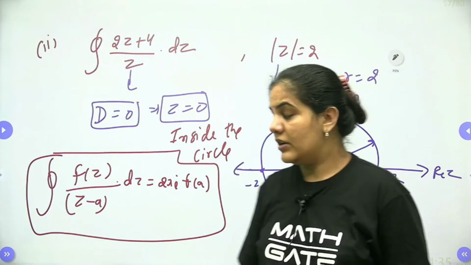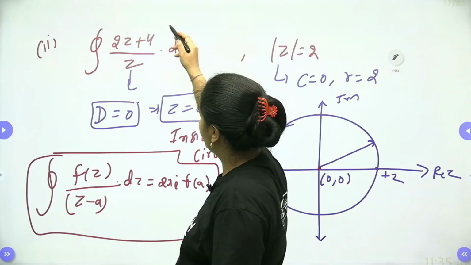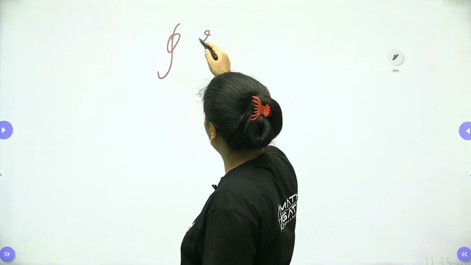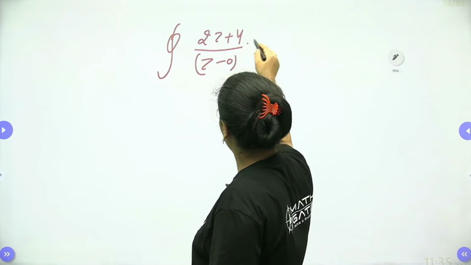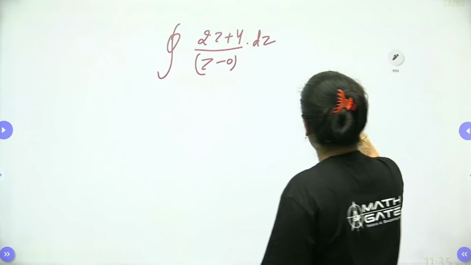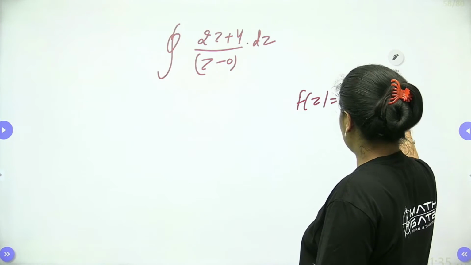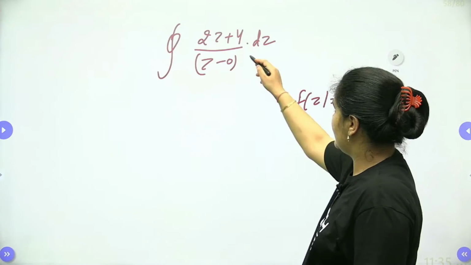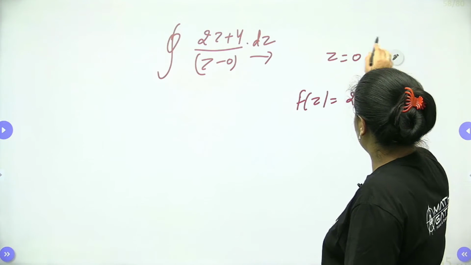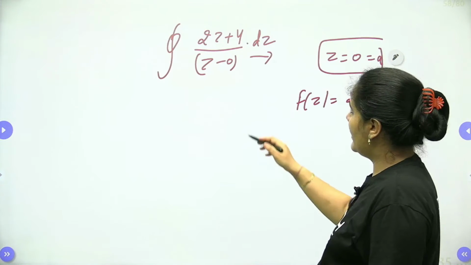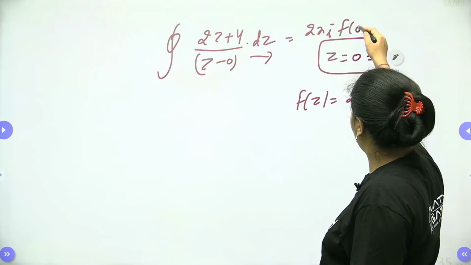Okay, now let's approach how we will do it. Here f(z) is 2z plus 4, divided by z minus 0, into dz. So the function f(z) is 2z plus 4, and z minus 0 is equals to 0 means z is equals to 0, which is the value of a. So the solution will be 2 pi iota into f of 0.